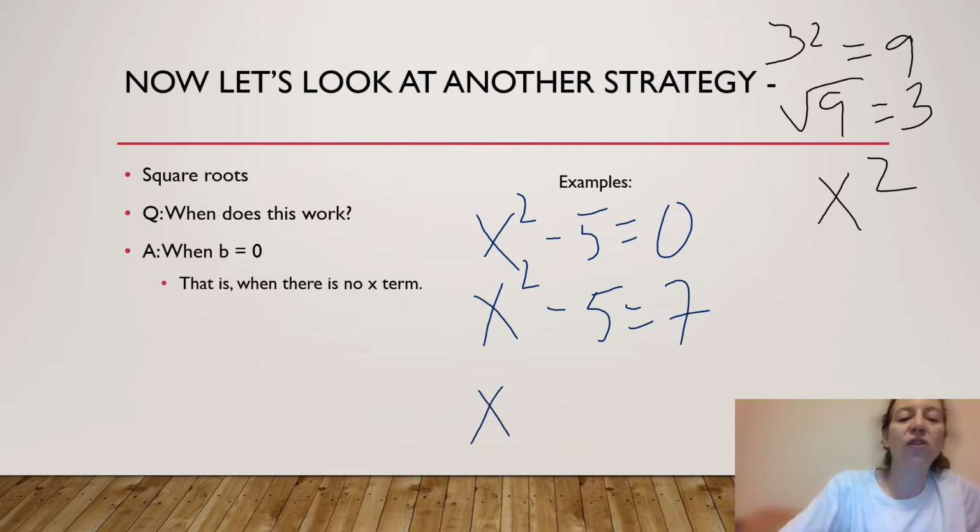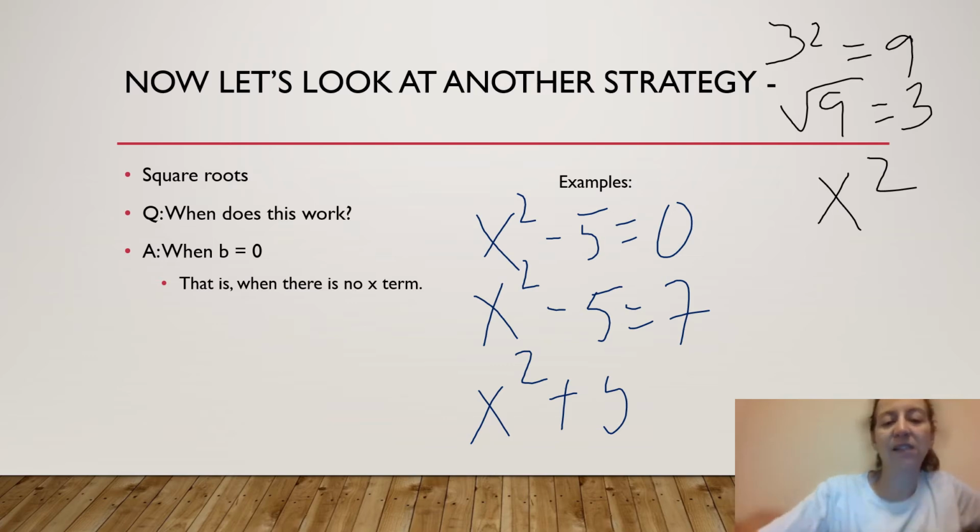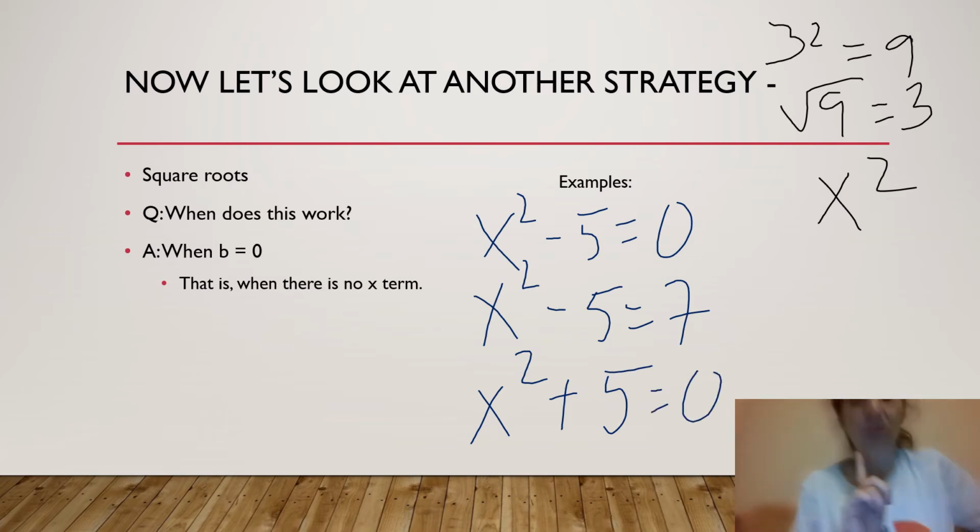You could also use it for things like this, which is why I'm introducing it here. So square rooting only works when you don't have a b term, you don't have an x term. Technically when b is equal to 0.